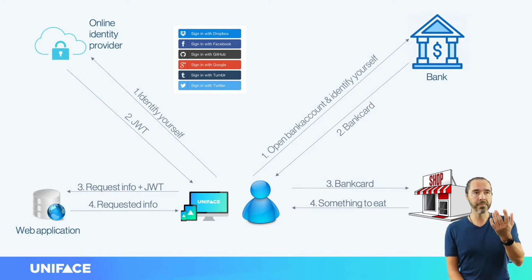We provide whatever we need, our Apple ID or our Microsoft ID, and that identity provider is a trusted party, and they give a JWT, and with that token I can prove my identity on a website. So it looks nearly the same as the banking example.